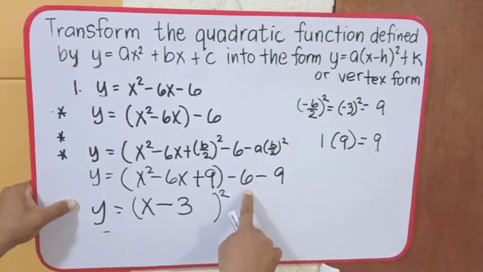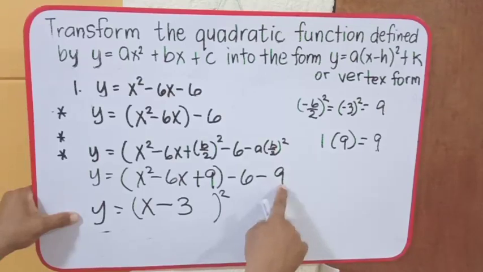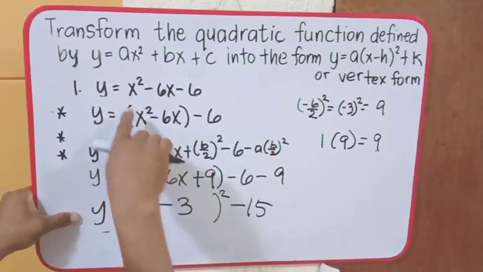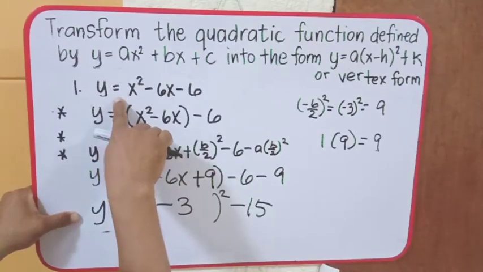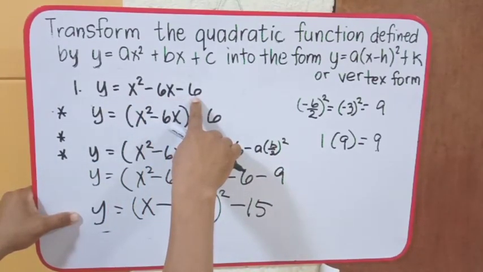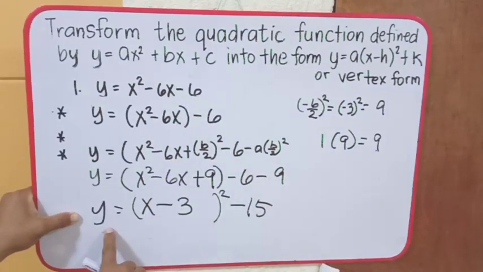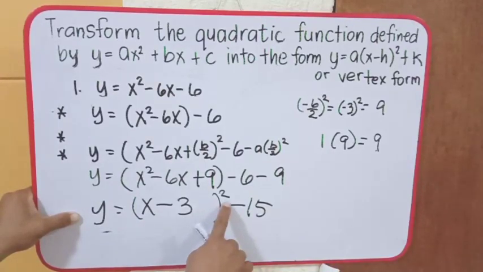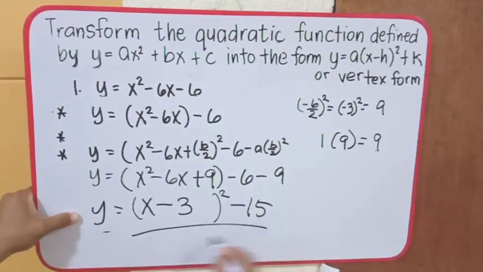Yung ating constant, sisimplify natin, negative 6 minus 9 equals negative 15. So, ang function natin na x squared minus 6x minus 6, ita-transform natin into a vertex form, equals siya sa y equals the quantity of x minus 3, quantity square, minus 15.